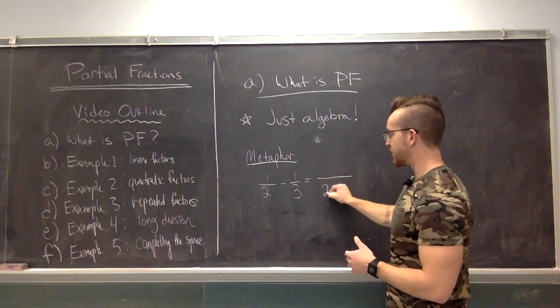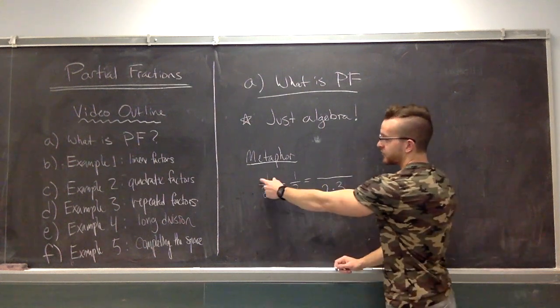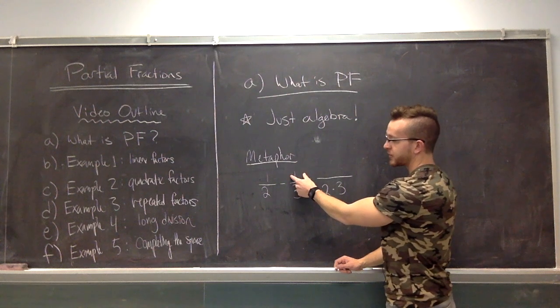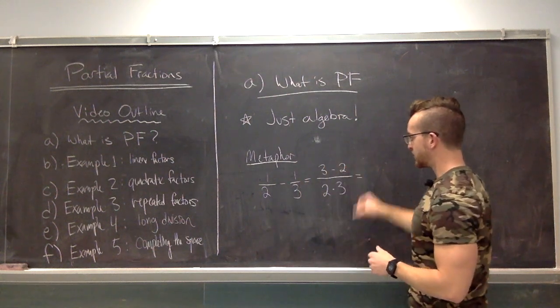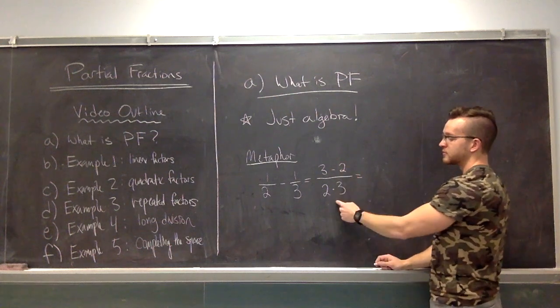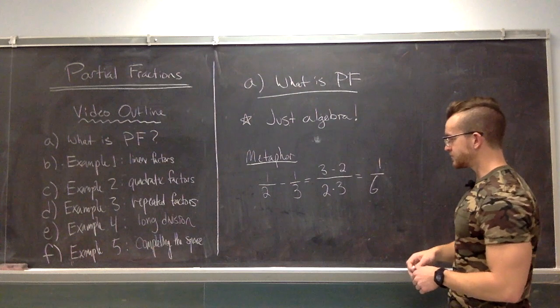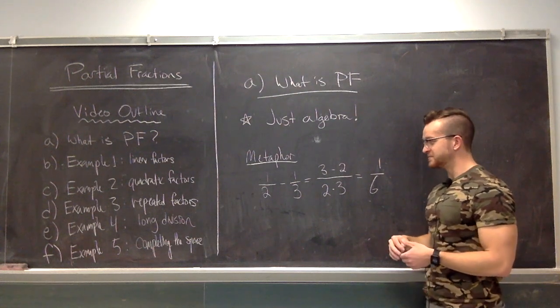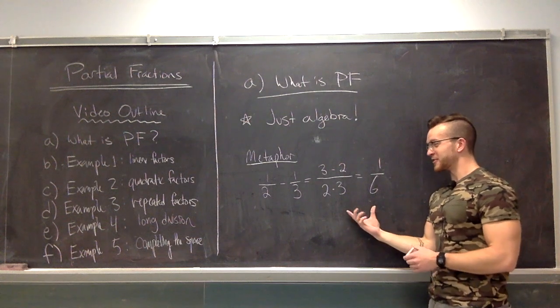That common denominator is 2 times 3. Then in the numerator, I'll have to multiply here by 3, multiply here by 2. We'll get 3 minus 2. And so it looks like this is 1/6. Okay. Pretty deep fact. Exciting stuff we're doing here.